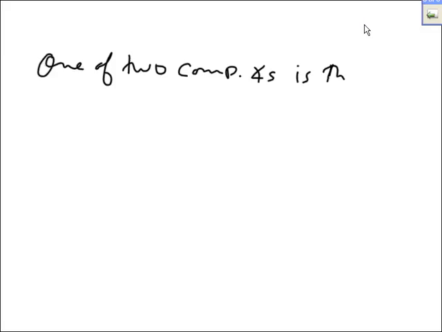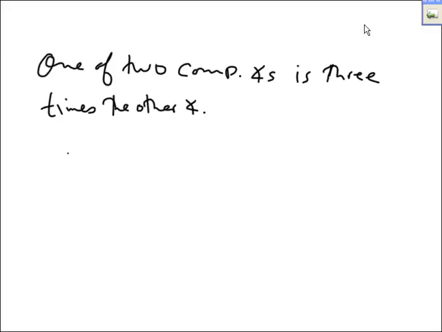Suppose you come to know one of 2 complementary angles is 3 times the other angle. Find the 2 angles.